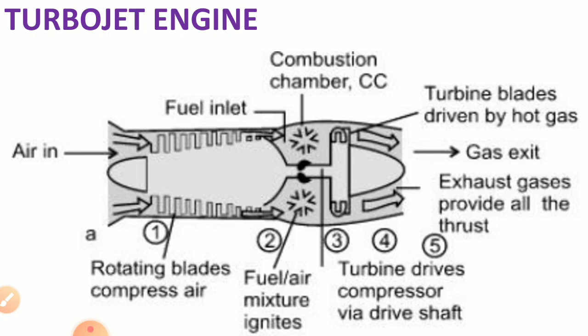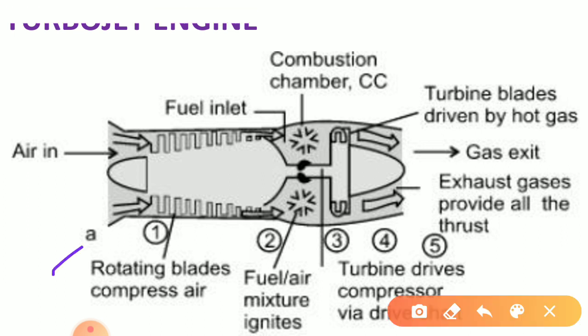This is the setup of a turbojet engine, and it works on the open cycle gas turbine. It consists of a compressor, combustion chamber, and then a turbine. So the turbojet engine consists of a compressor, combustion chamber, and turbine. One more device is the diffuser.